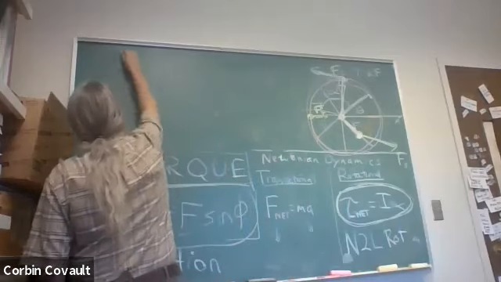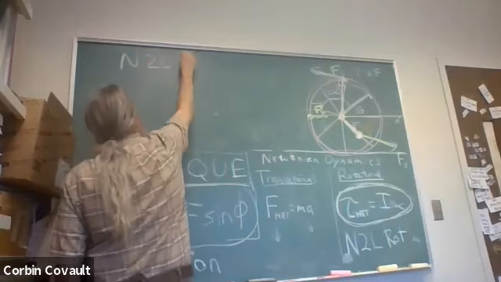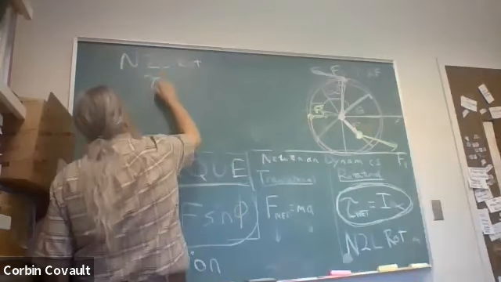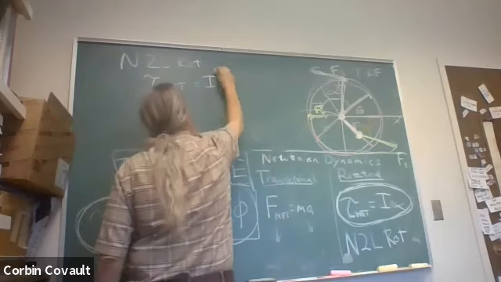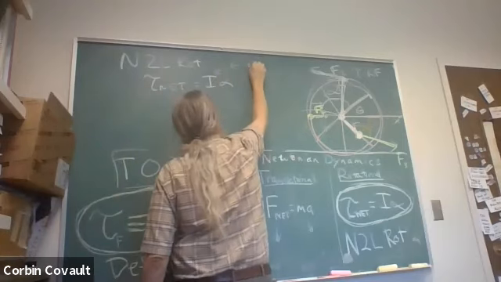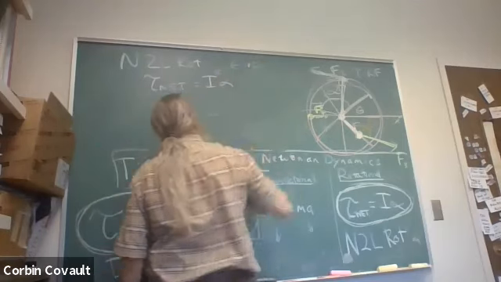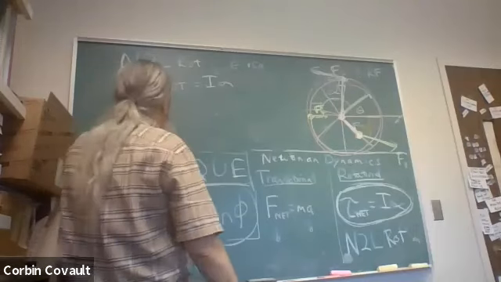So when I write down Newton's second law for rotations, what I write down is tau net equals I alpha, where I will be given, yay, for now, no need to calculate I. I'll give it to you. And for example, perhaps in this case, I want to know what alpha is. So I have to figure out the net torque.